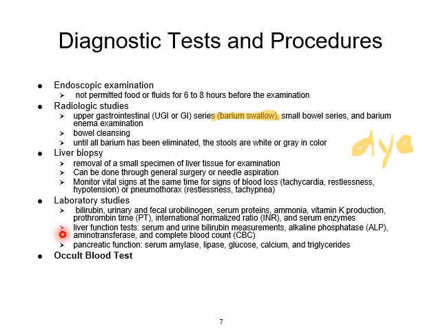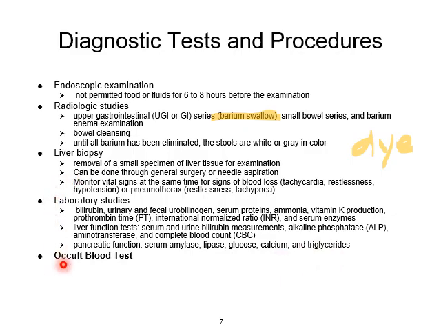Also, some of the pancreatic enzymes should be tested, like the serum amylase, lipase, to check how the pancreas is doing. Also, glucose level, calcium, and then triglycerides.